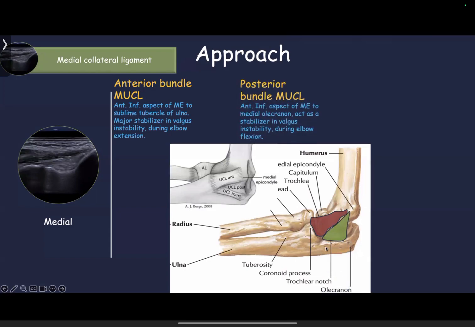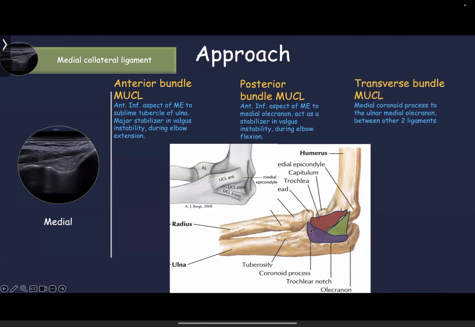Then you have the posterior bundle of the medial ulnar collateral ligament, which runs from the anteroinferior aspect of the medial epicondyle to the medial olecranon, and it is the main stabilizer during valgus instability in flexion.